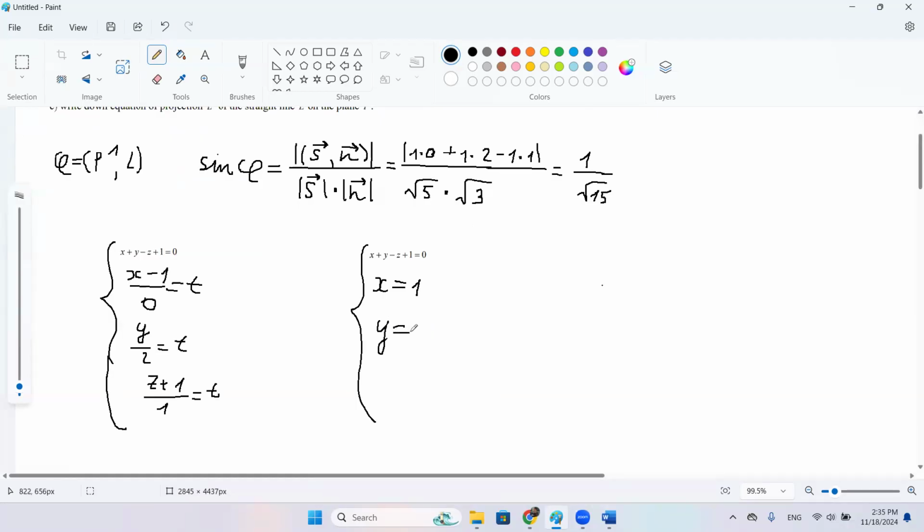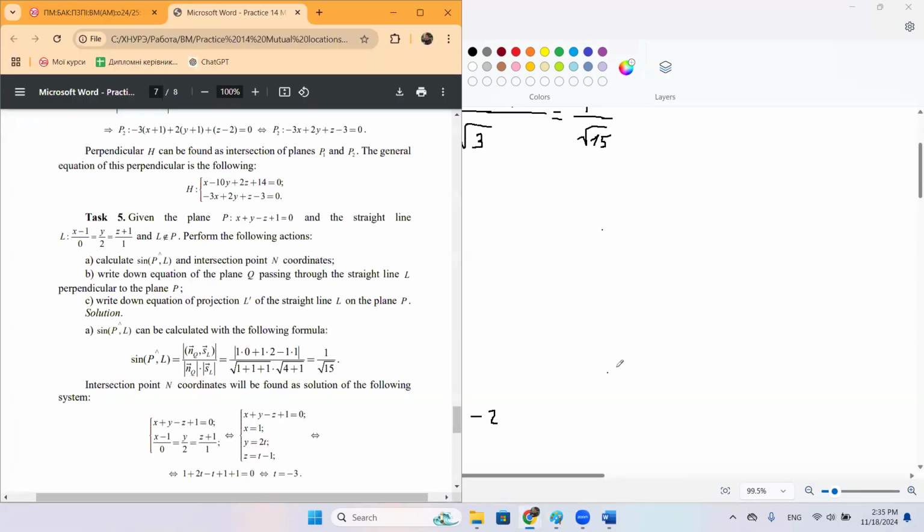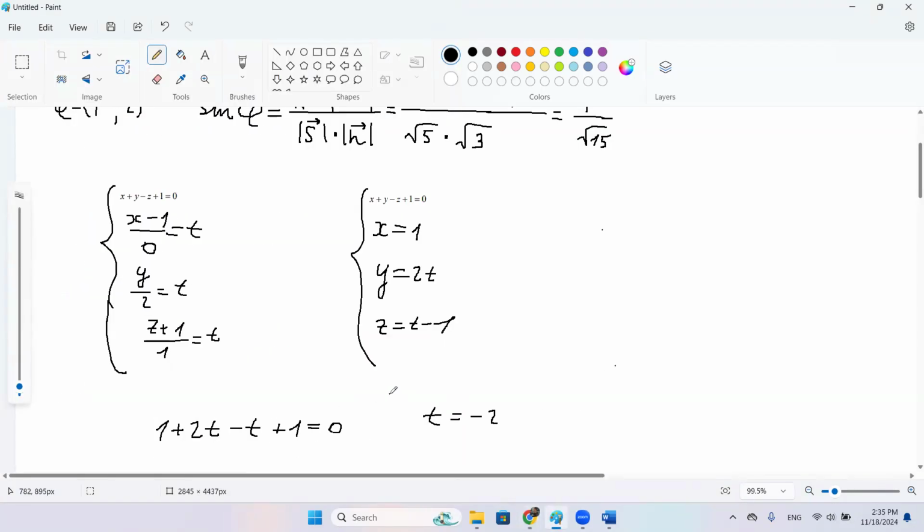So y equals 2t, z equals t minus 1. And then what we have: 1 plus 2t minus t plus 1 equals 0. So t equals minus 2. Let me check it. Oh, minus 3. Why minus 3?